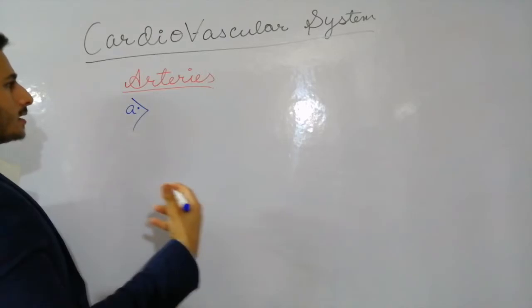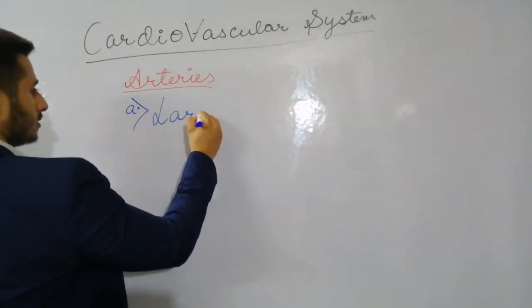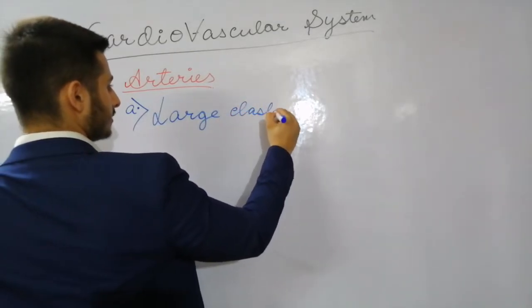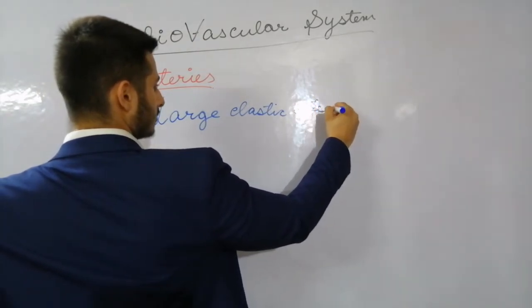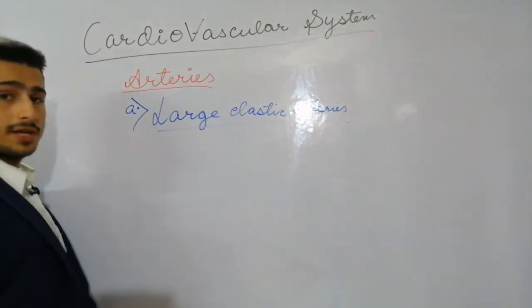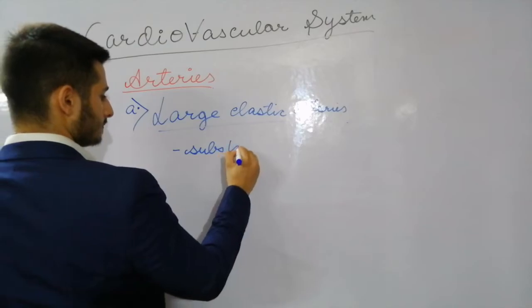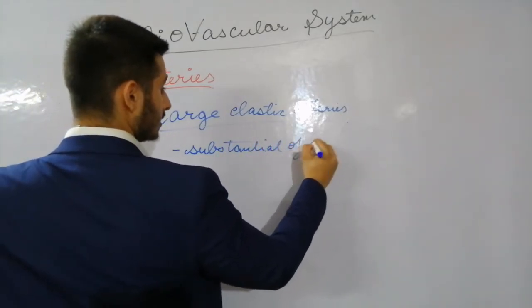The first class of arteries is large elastic arteries. These large elastic arteries have substantial amounts of elastic fibers.